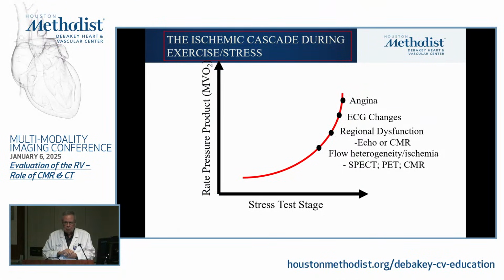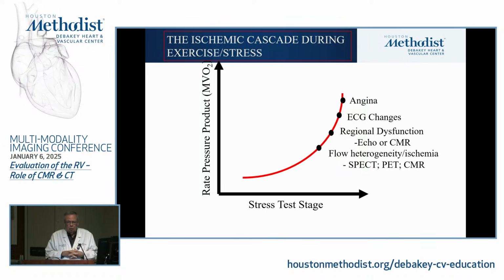Now, when ischemia occurs, also very quickly, and this has been shown very well in multiple animal experiments from 40 years ago, there is immediately some element of regional dysfunction, diastolic and systolic. This is where echocardiography comes in, to detect regional dysfunction occurring because of ischemia during some stress modality.